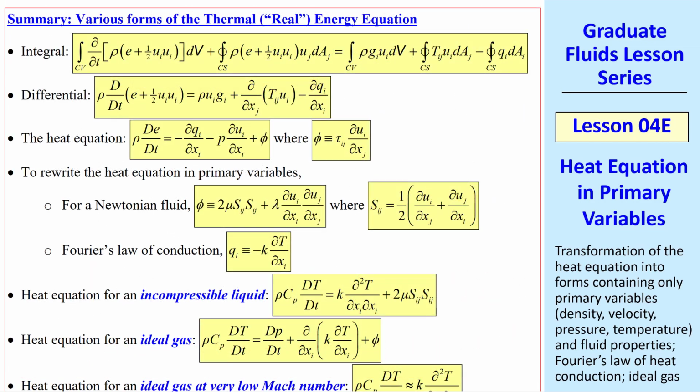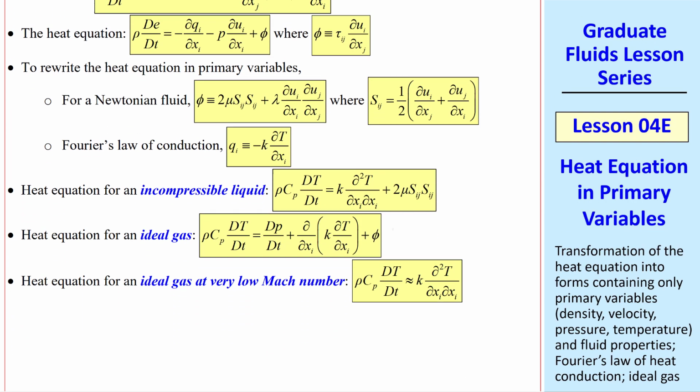Finally, I typed up the various forms of the thermal or internal energy equation: the integral form for a control volume, the general differential form, and what we call the heat equation for a Newtonian fluid with viscous dissipation. And in this lesson, we rewrote this equation in terms of primary variables and properties by using the Newtonian fluid expression for phi, strain rate tensor, and Fourier's law of conduction.